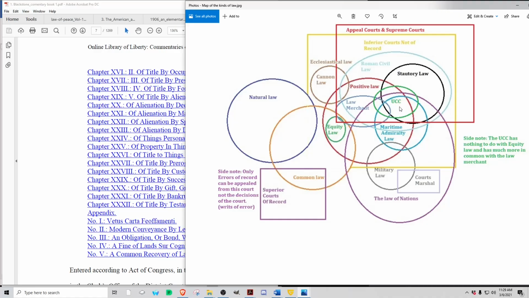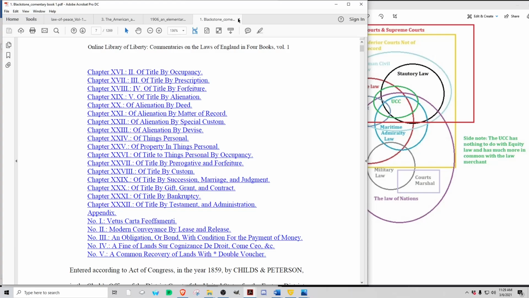So in them wanting to get rid of the common law, because the common law was controlled by the people, and it was adjudicated in courts of record instead of these other inferior courts, which I'll get into later on today.